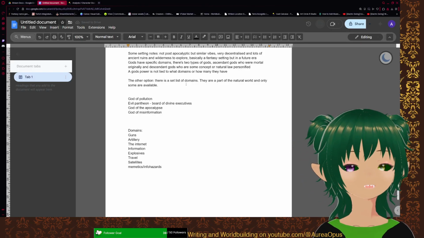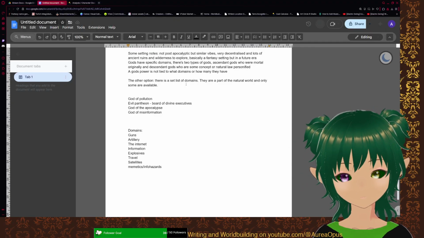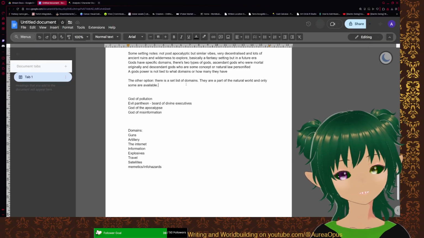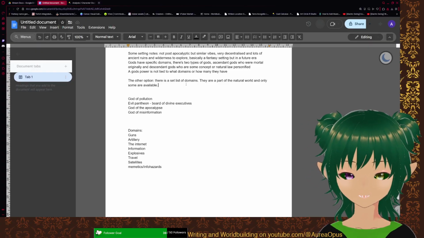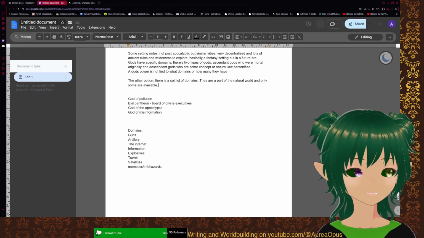So you can be the god of guns because that's how the universe works. That is a domain that is an option. You can't be the god of flower pots because that's simply not a thing that exists within reality.